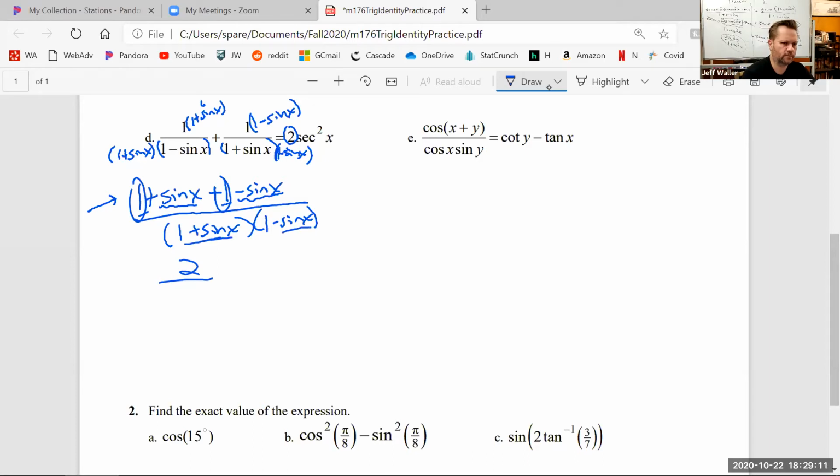It becomes 1 minus sine x squared. These are what I call difference of squares buddies, right? If you FOIL it out, the middle terms cancel. And of course, 1 minus sine squared x is cosine squared x, and 1 over cosine squared is secant squared.